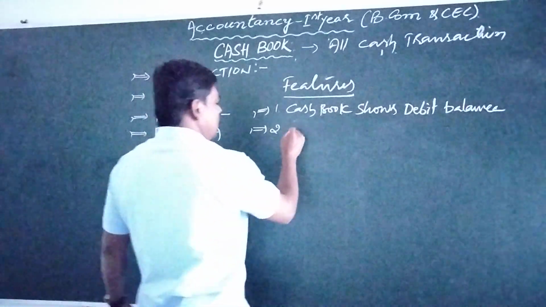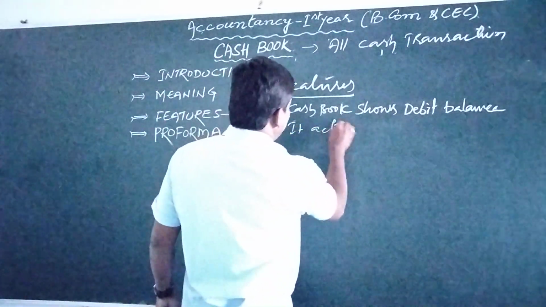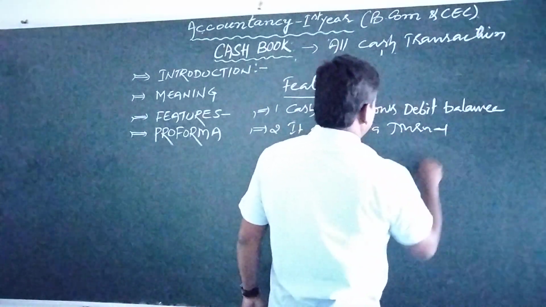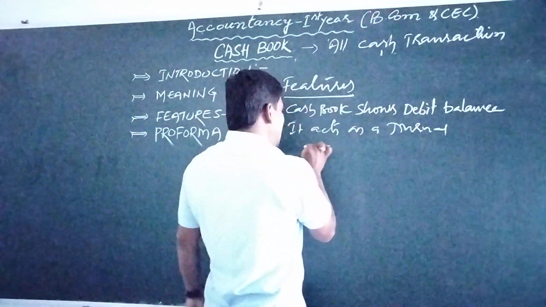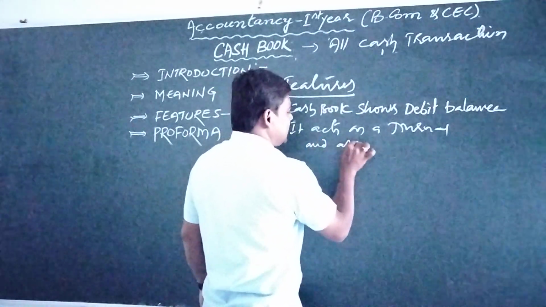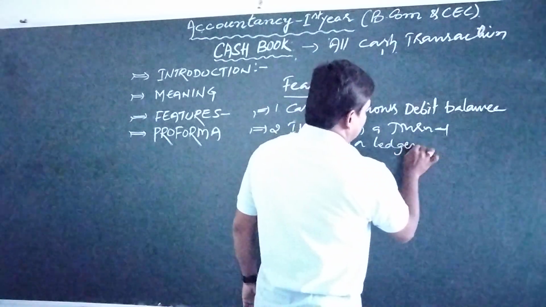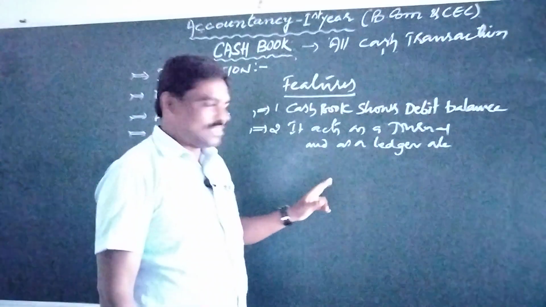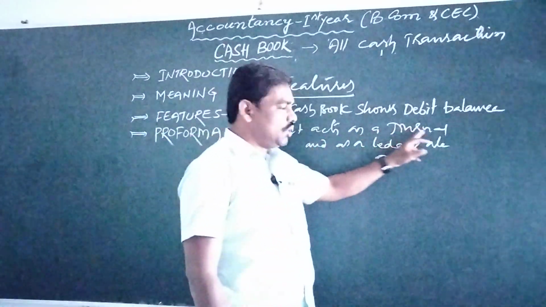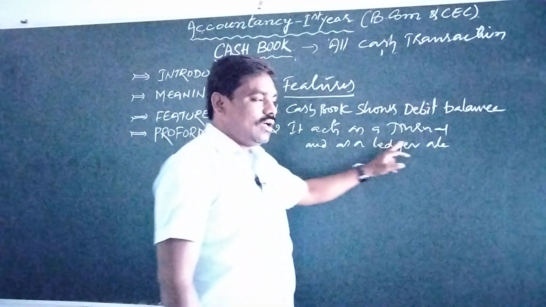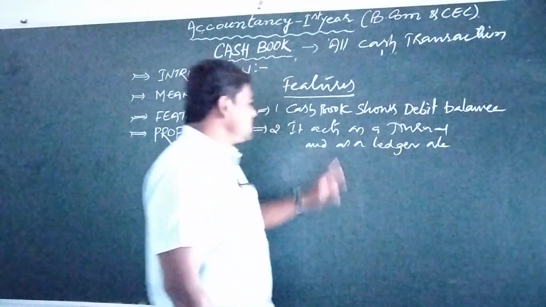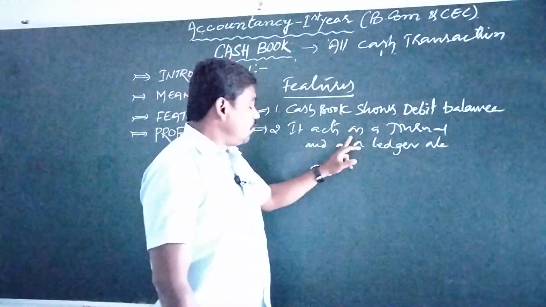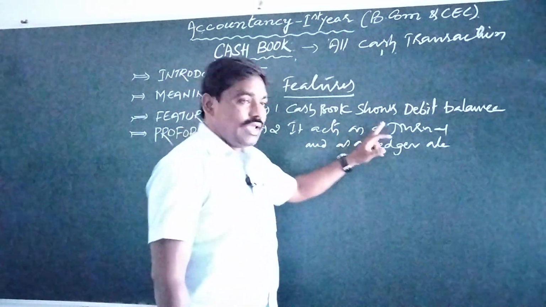It acts as a journal and as a ledger account. So the second feature of a cash book is that it acts as a journal and as a ledger account. Let me explain why it is called a journal.